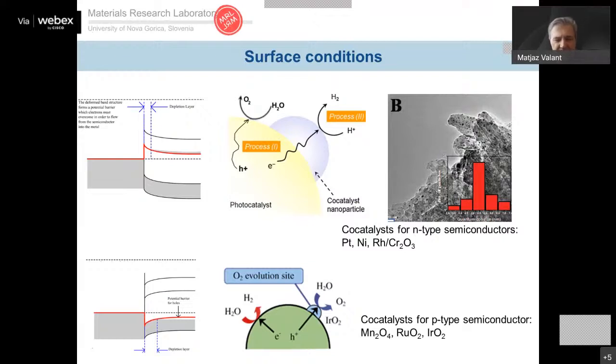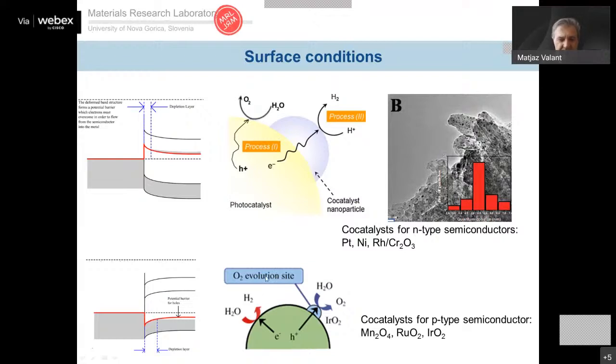But we can also influence these things with some clever material engineering. That is a very interesting, creative way to increase the efficiency of the material, despite maybe some drawbacks that the material can exhibit.